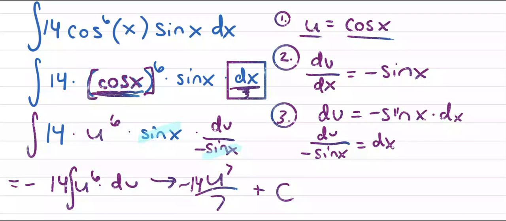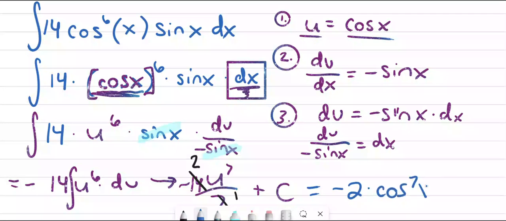Negative 14 over 7 gives us negative 2 over 1. Right, they're both divisible by 7. And then we don't want to give them an answer in u when our original question was in x, so we'll put our choice for u back in here. And so u was cosine, so our answer is negative 2 cosine of x to the 7th, which we can write in this notation if we want to.